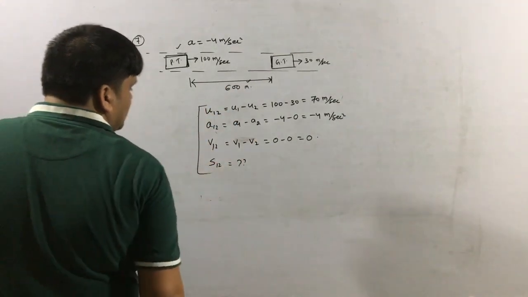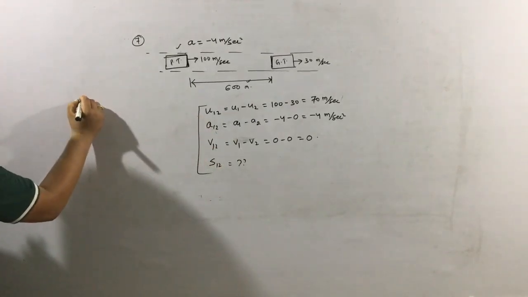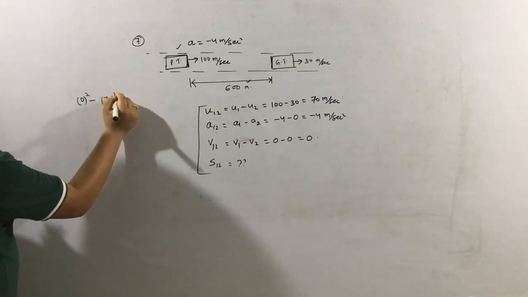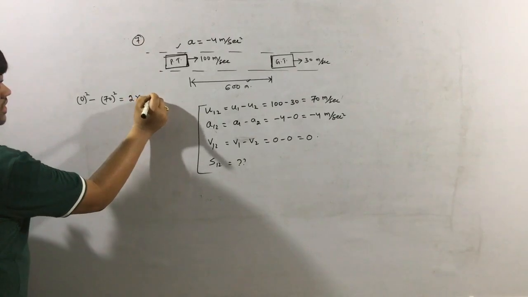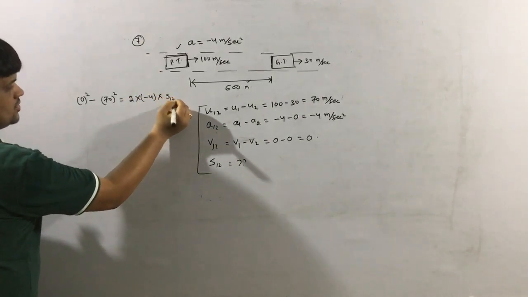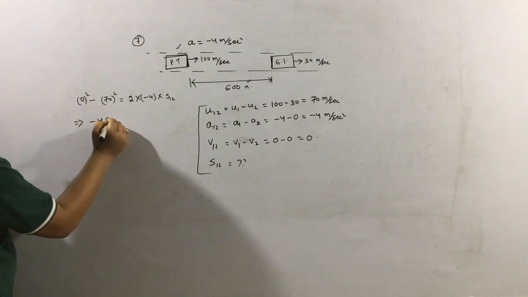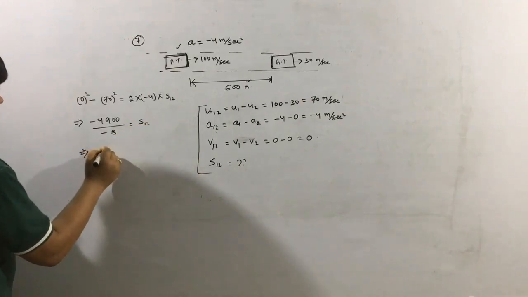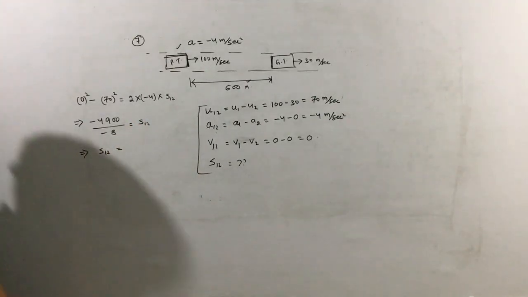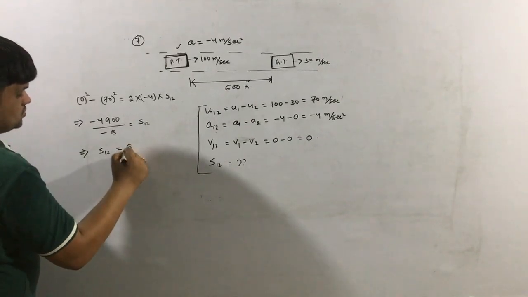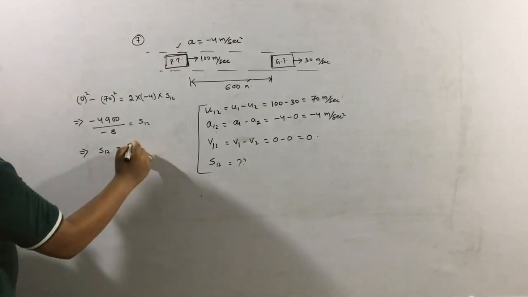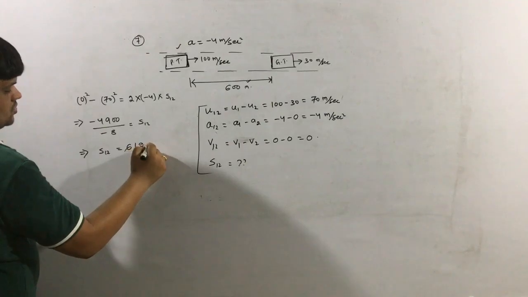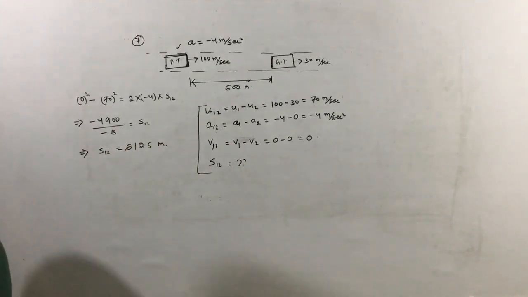Now use these 4 to write down an equation. Obviously it will be the third equation. So V square minus U square equal to 2 into A into S, or I can write minus 4900 divided by minus 8 equal to S12, or implies that S12 equal to 612.5 meter.